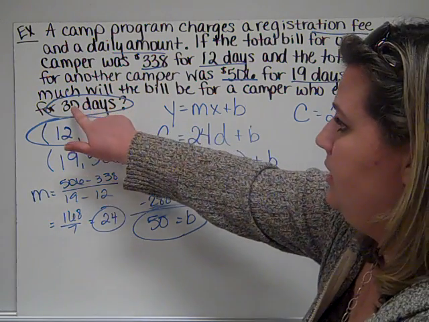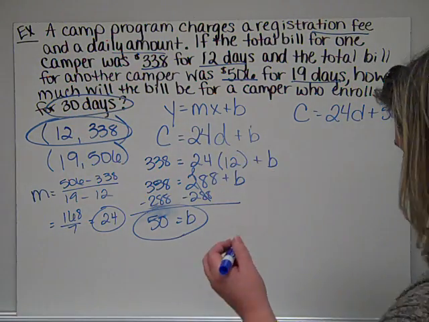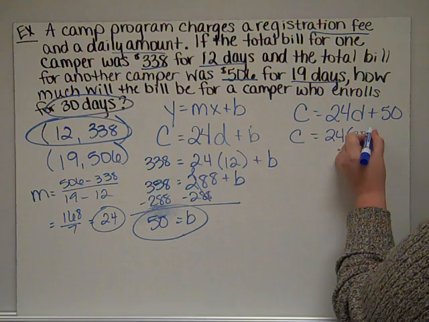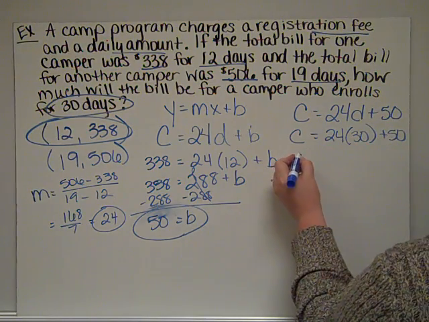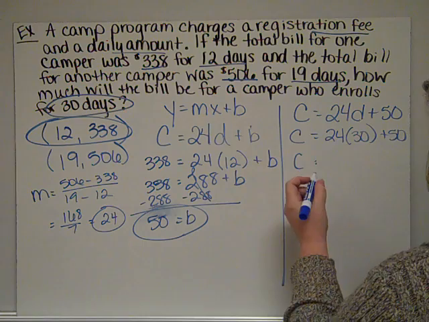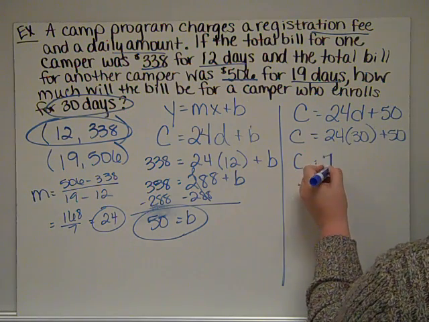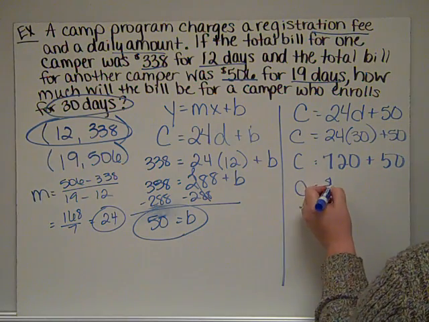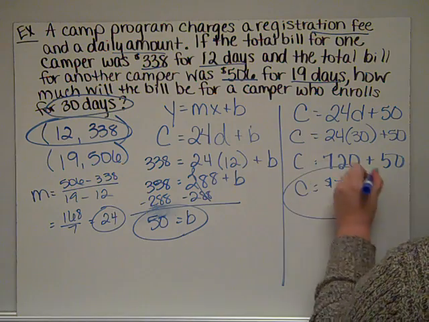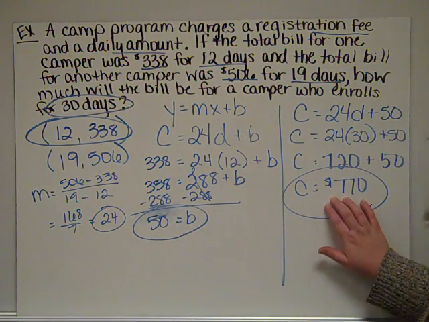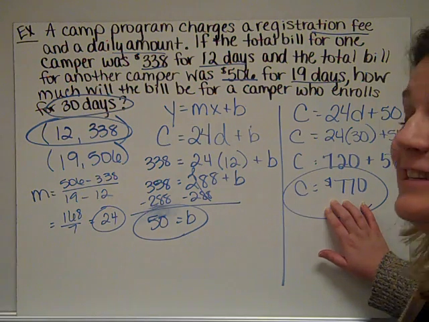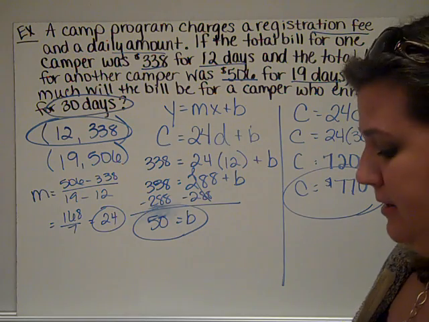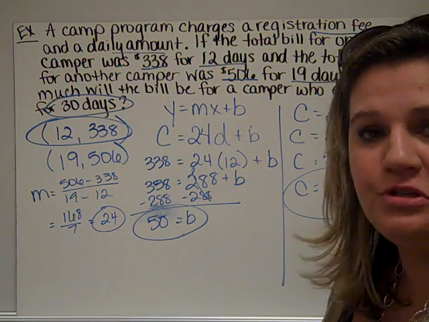All we have to do is plug in 30 for our days to find the total cost. 24 times 30 is 720, and so the total cost for the camper for 30 days is $770, in addition to also paying the $50 registration fee.